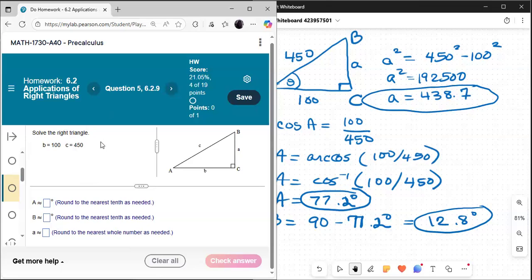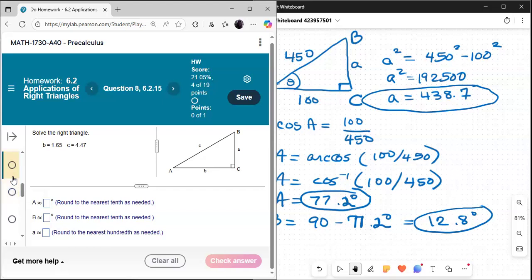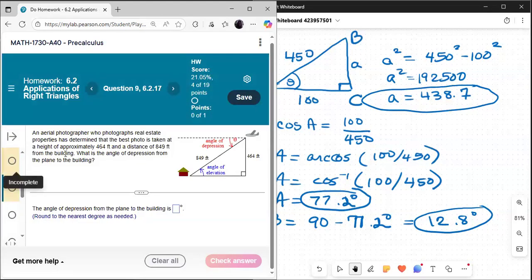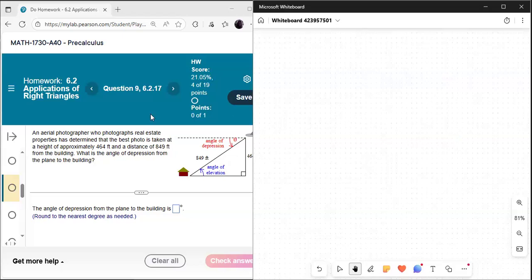Let's see, that was number 5. I'd like to look at, see what number 7 looks like. I think we're okay there. And then the next one I want to do is number 9. And so here we have an application for solving triangles.